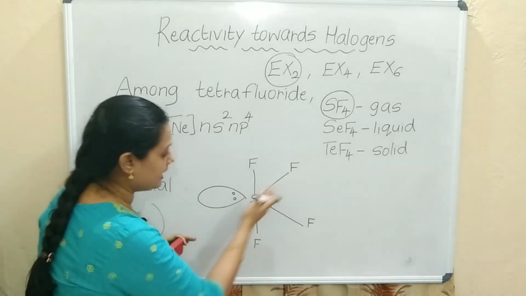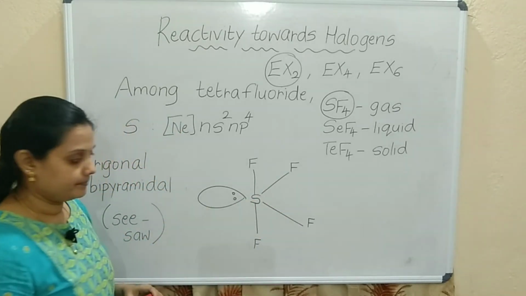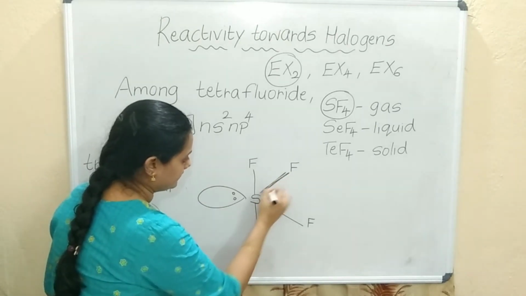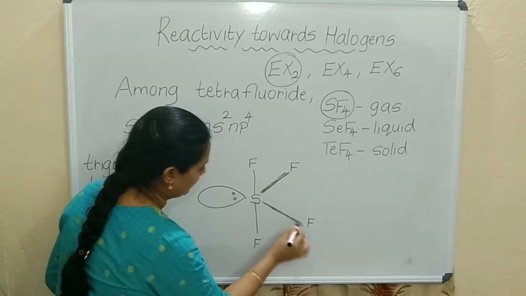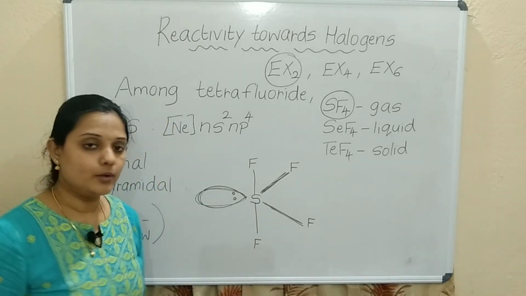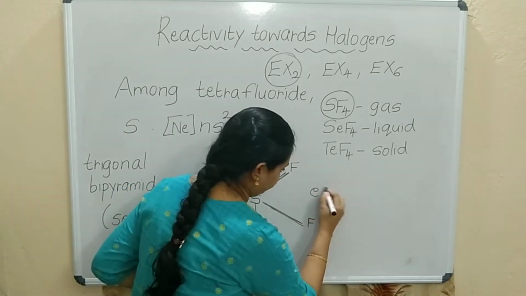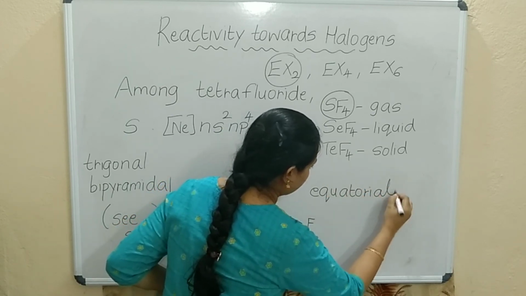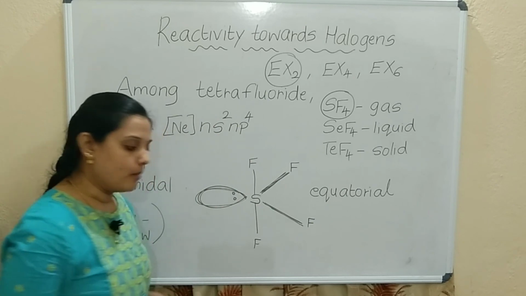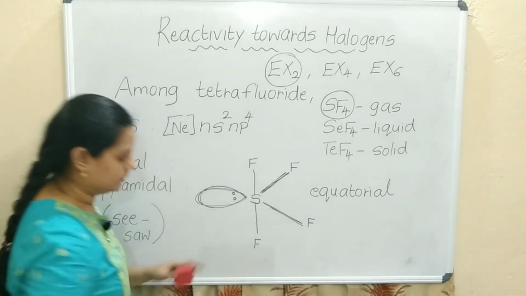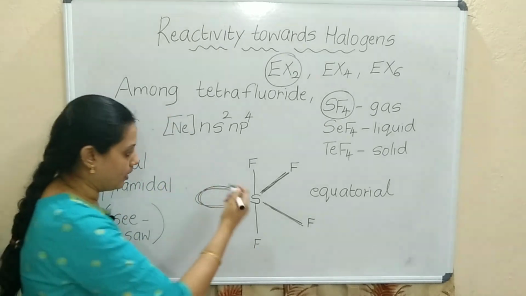Now these 3 bonds, the first bond, the second bond and this one, they are called the equatorial bonds. They lie at the equatorial position, so it is called the equatorial bond, and the ones on top and below are called the axial bonds.